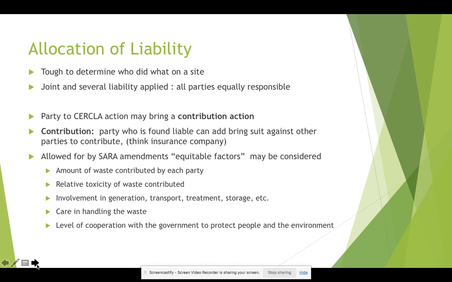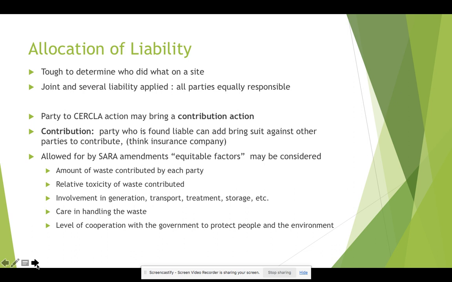So how you allocate liability, and when you have your PRPs, you want to know who did what on a site. It's joint and several, so all parties are equally responsible. So if the EPA just sued me, and I know that Zebra Company also contributed, I can bring an action to them to get their share of the money back, and it's called a contribution action.